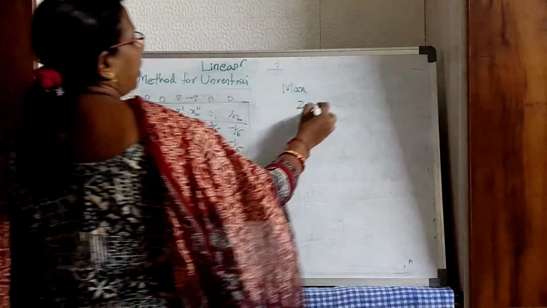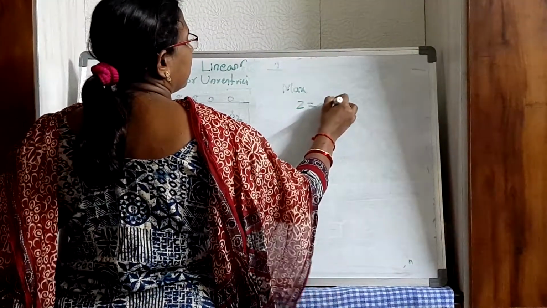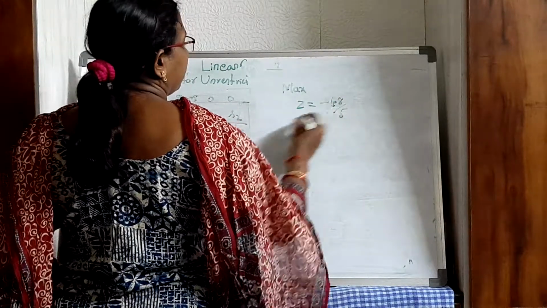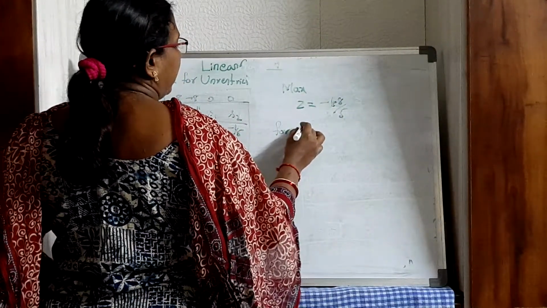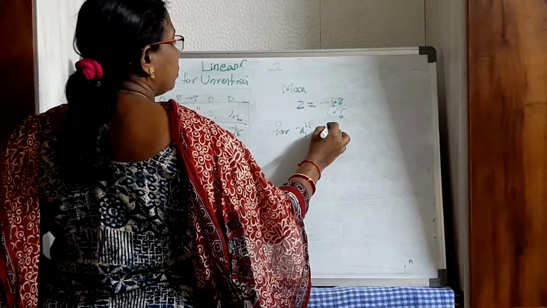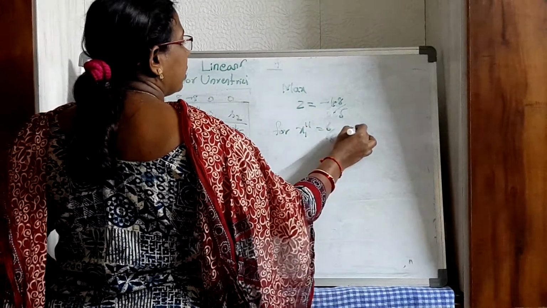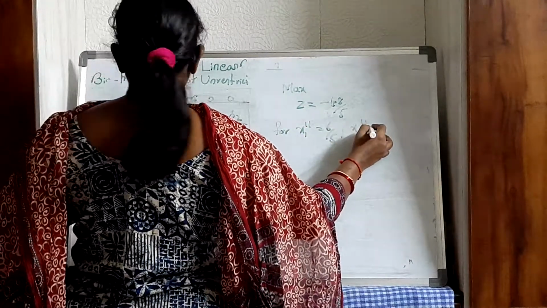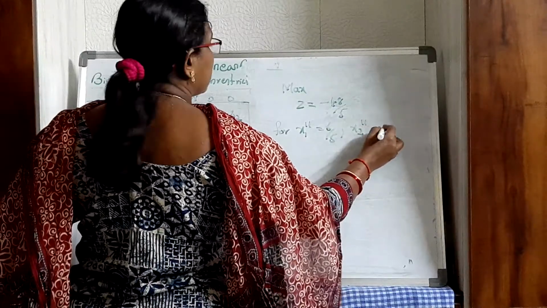Minus 48 by 5 for x1 double dash is equals to 6 by 5 and x2 double dash is equals to 6 by 5.